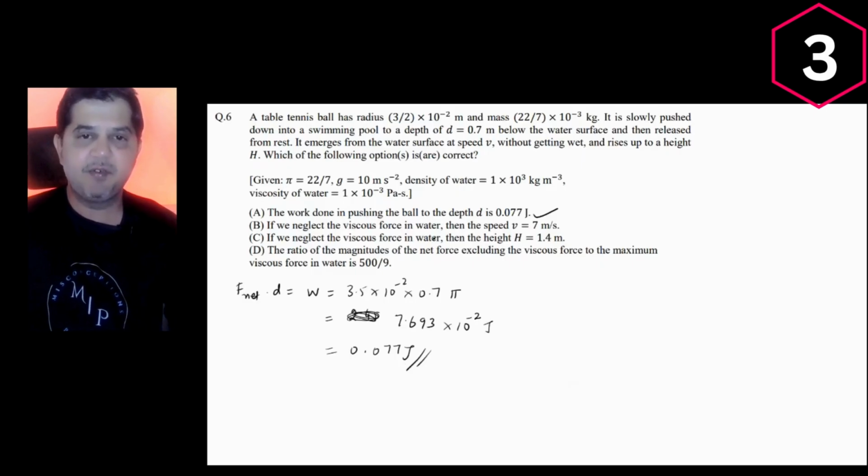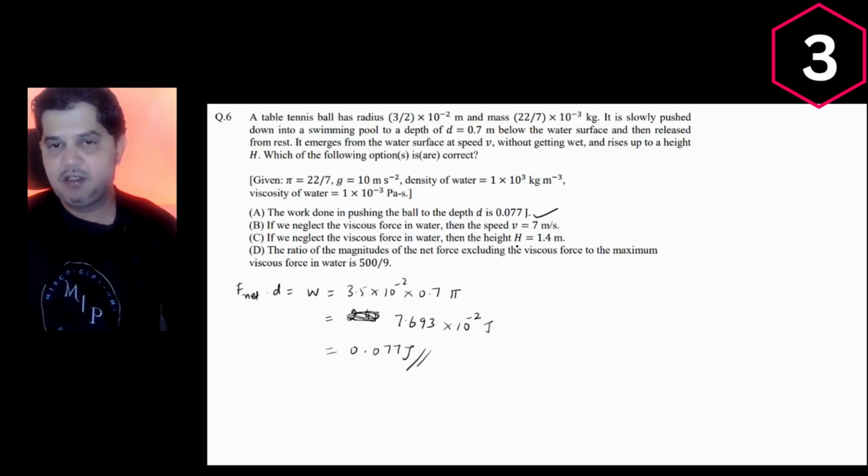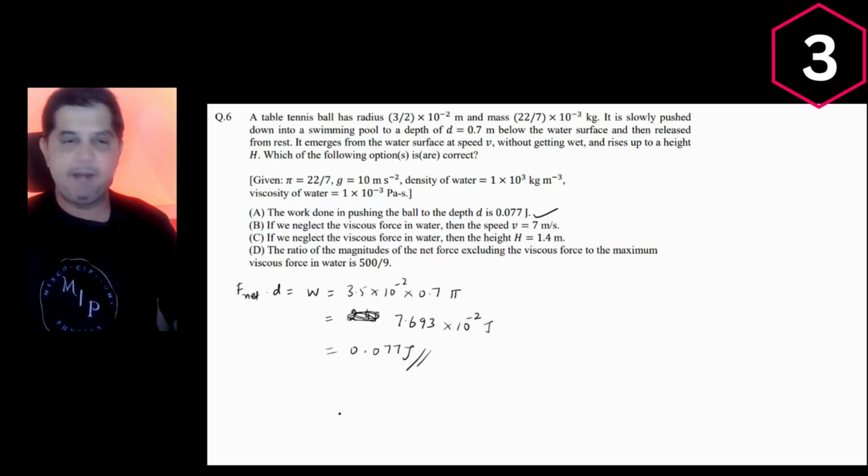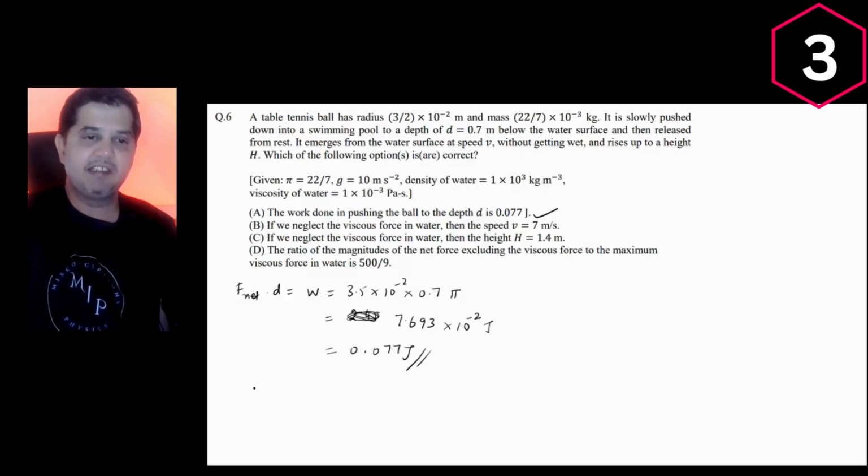If you neglect the viscous force in water, then the speed V is equal to 7 meter per second. So you need to find out the speed. This is very similar to the problem that we had discussed earlier, V square is equal to 2GH, right? We are neglecting the viscous force.